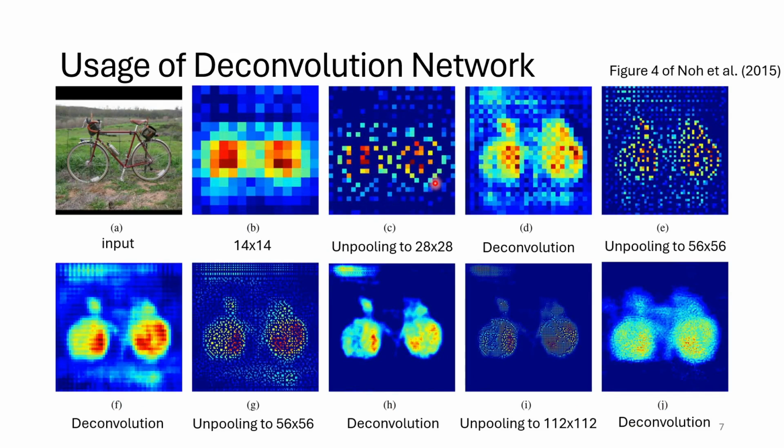After the unpooling, they apply deconvolution. It just means applying another convolution kernel, so they will get this result. And unpooling again, and deconvolution again, and finally they will generate a result like this. The purpose of this map is to indicate the segmentation of the bicycle.